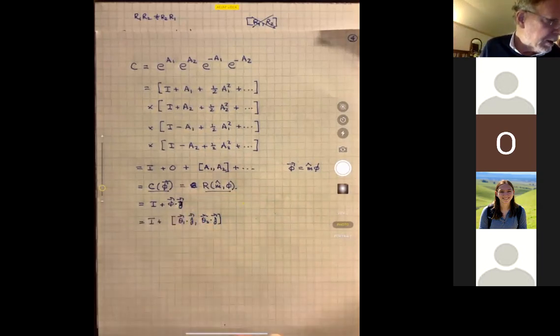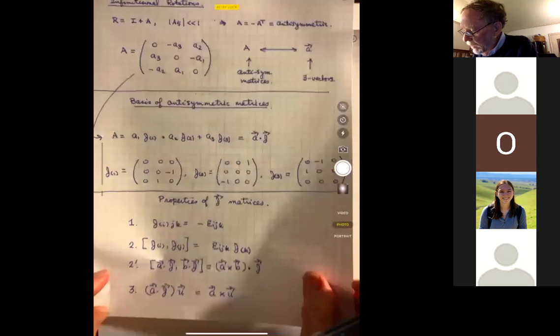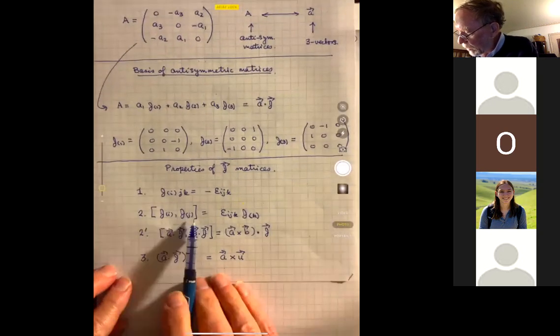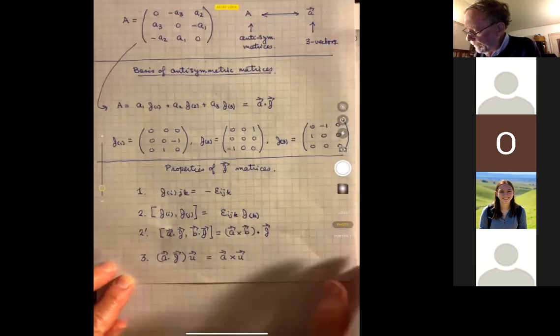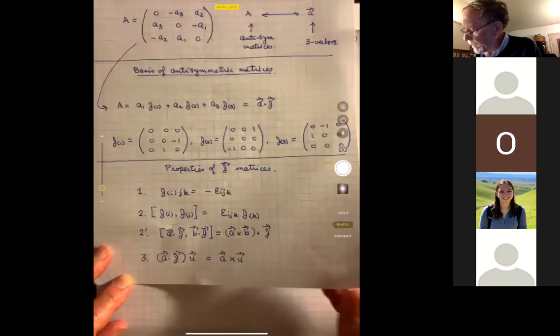Somewhere on an earlier transparency, except they aren't transparencies, they're pieces of paper, I mentioned that the commutation relations of these J matrices have an alternative form: A dot J commutator B dot J is A cross B dot J. It's really equivalent to 2 here. 2 and 2 prime are really equivalent properties.